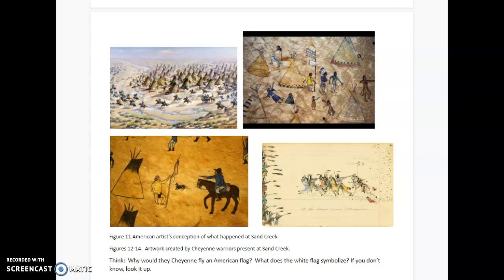And I want you to think about why the Cheyenne are flying an American flag, and what's the significance of the white flag flying with the American flag. If you don't know what a white flag symbolizes, you should look that up. And I want you to think about whether you can tell what happened at Sand Creek from these images.